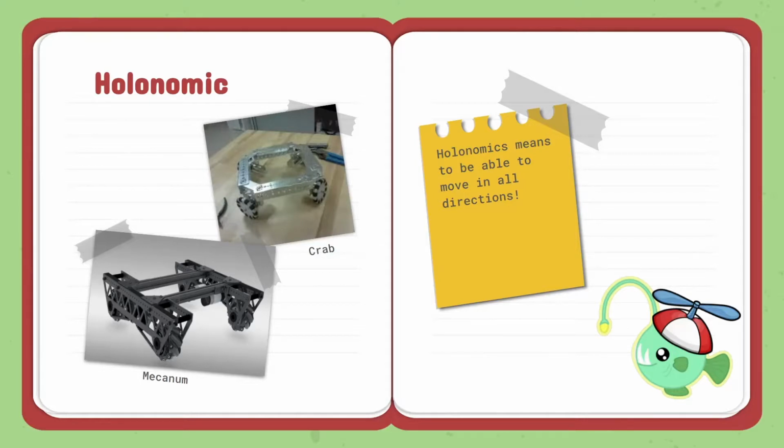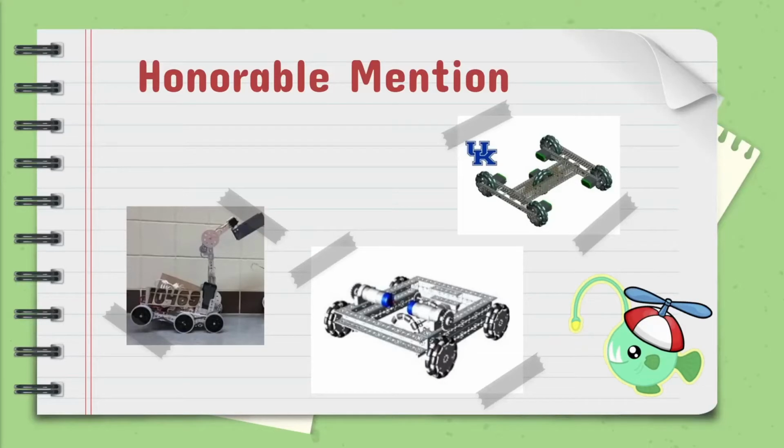You can strafe and turn easily with precision in different directions, and we actually use a Mecanum drivetrain in our robot this year. All right, so for honorable mentions, the one on the very far left is called West Coast, and the other 2 on the right are H drives.